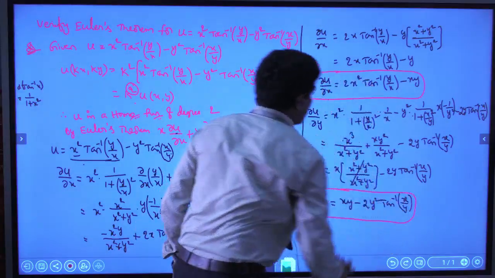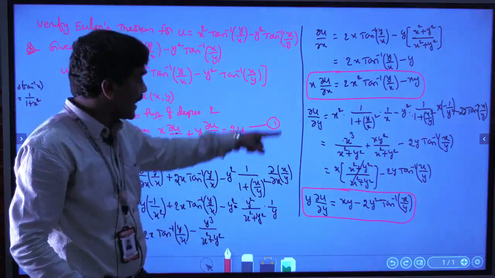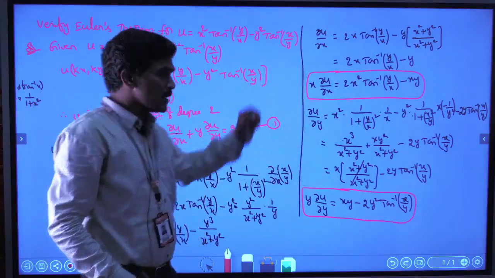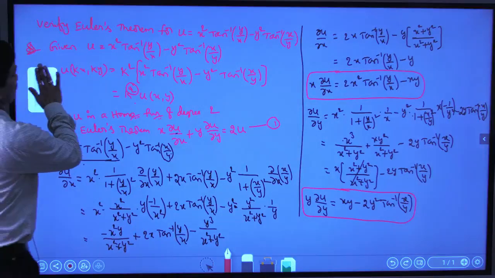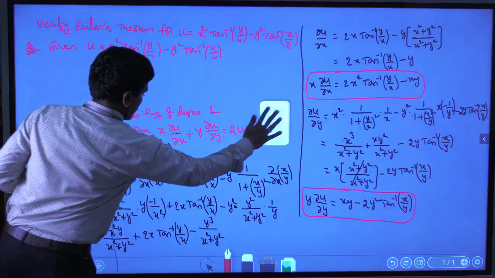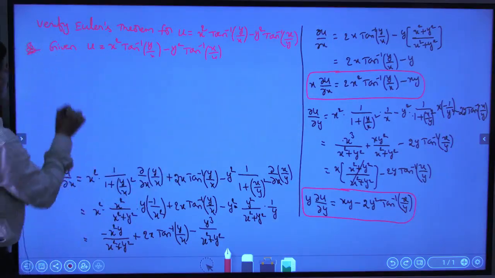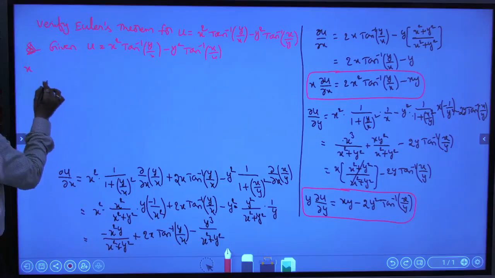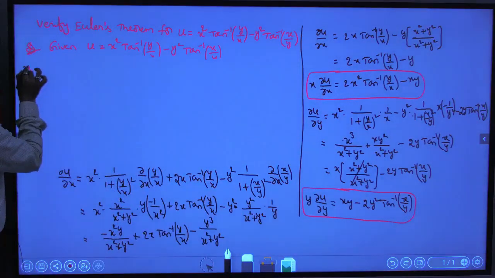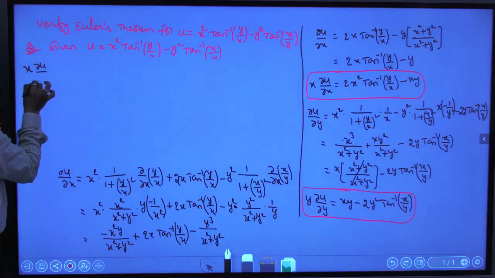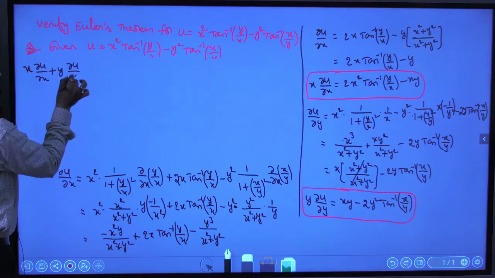So from these two, adding these two terms, we get x ∂u/∂x plus y ∂u/∂y.